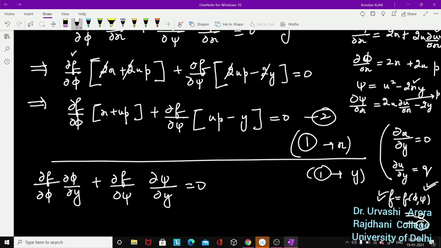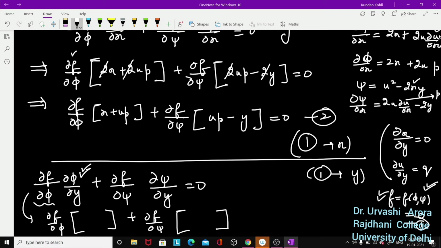And again this del f by del phi is unknown, so it remains as it is. And the bracket value can be calculated. And this del f by del psi is as it is, because it is unknown. And del psi by del y can be calculated by using the values of phi and psi. Phi and psi are known values.